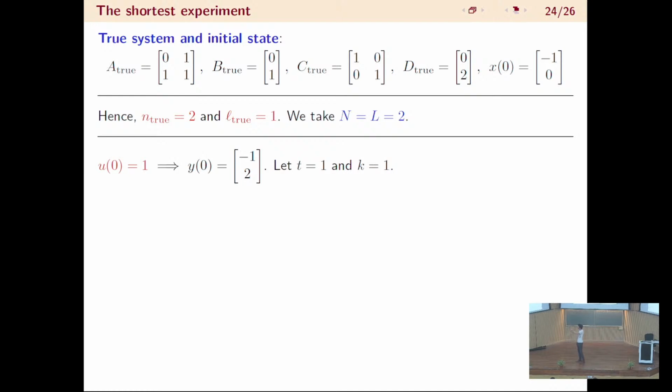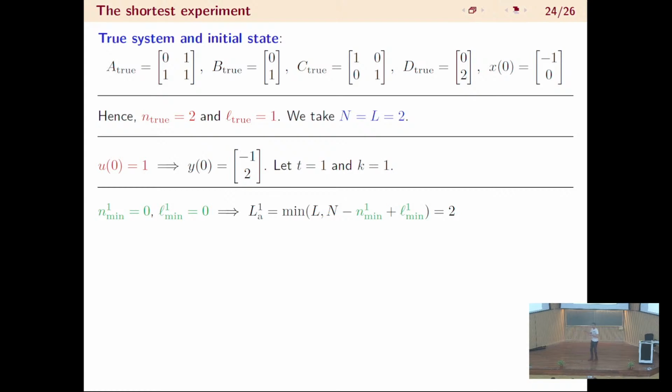So I choose U0 to be 1, and I collect the corresponding output, Y0. According to my algorithm that I showed on the previous slide, I set T to be 1, and the depth of the Hankel matrix to be the simplest one possible, just 1. We always start with the depth 1 Hankel matrix.